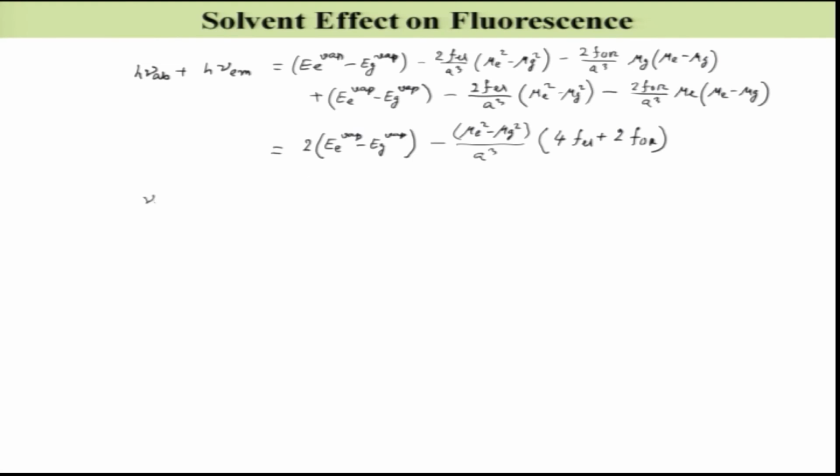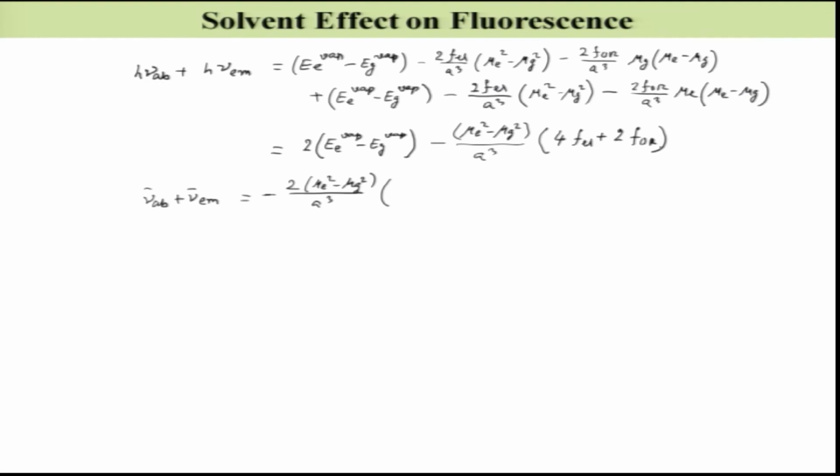So, this is going to be twice (mu_E square minus mu_G square) by a cube, right. The negative sign will be there because I am writing this as first minus this quantity, twice F_EL plus F_OR.